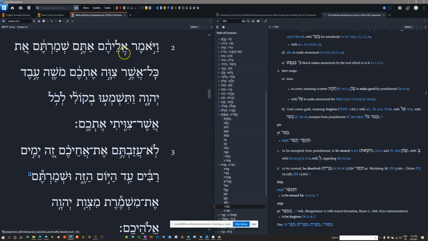We've got vayomer, and he said, alehem, and he said to them, atem, you all. Atem shemartem. You all have kept or guarded. Guarded what? Kol asher, you all have guarded all that or all of what?